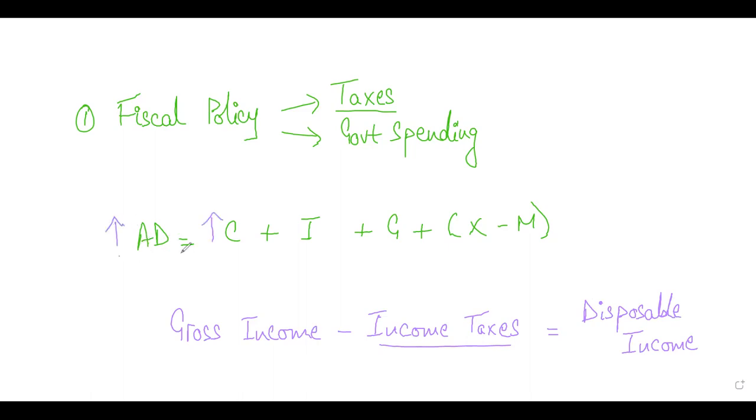Now, another thing that we know, look at this, this is very interesting. Macroeconomics is all interlinked. One variable has an effect on another variable, and then that variable has an effect on another variable, and so on. Now, if aggregate demand is increasing, what will happen to your inflation? What happens to your inflation when there is more aggregate demand? Can you recall this?